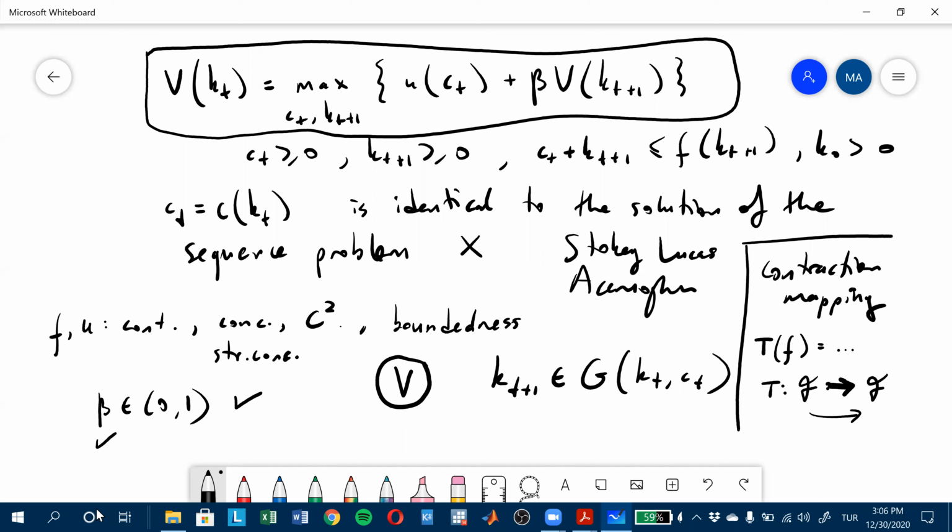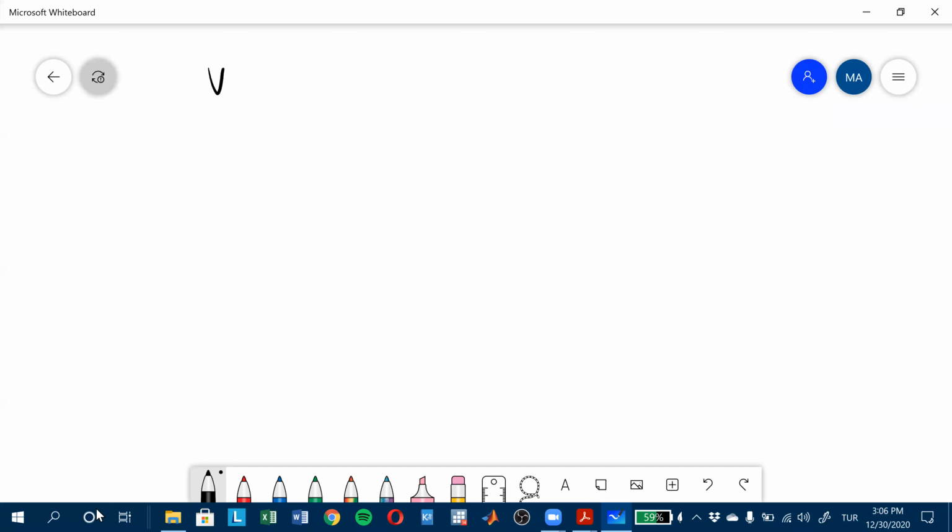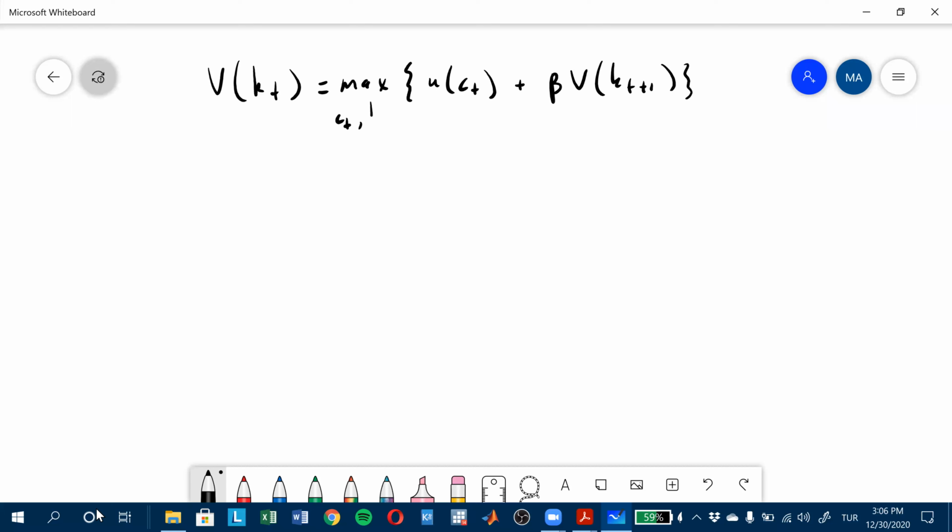So where are we? We are at the problem of solving this problem. I will give you the general optimality results, and you're going to understand that these are pretty similar to the ones we obtained for the sequence problem, all right?